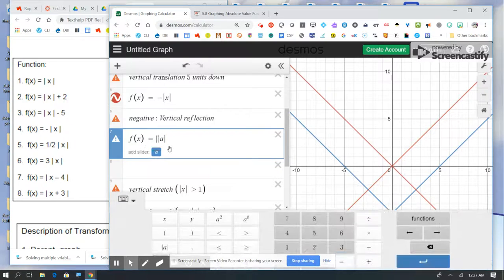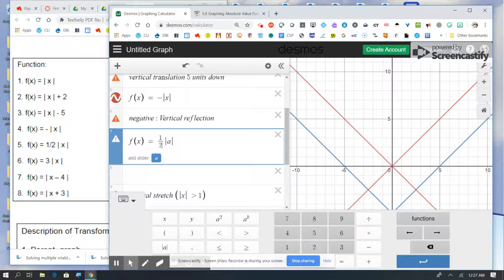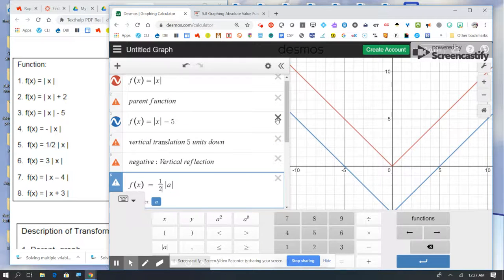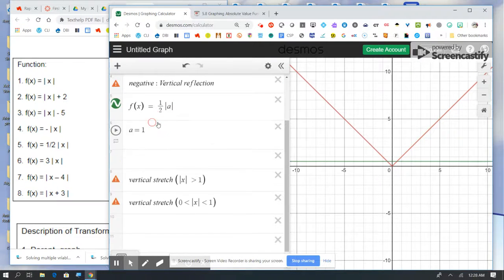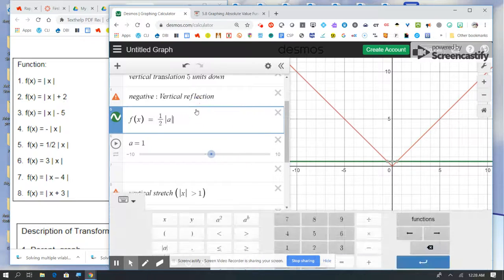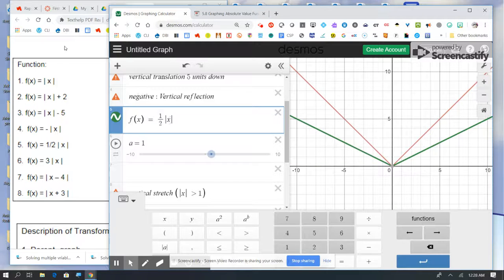So what if we multiplied by 1 divided by 2? Think about this. I'm going to turn this off, since there are too many graphs. Oh, not a, it should be x.